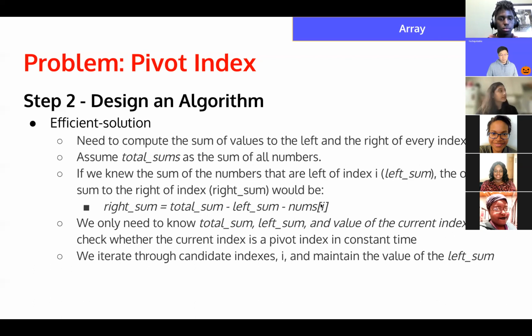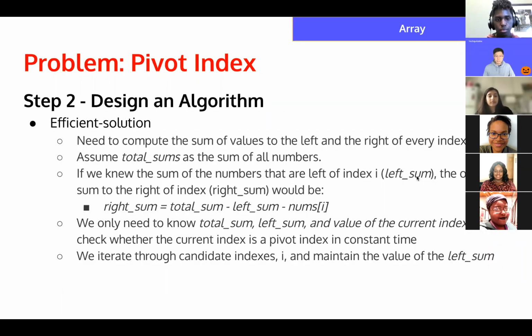This is an important fact to know, because what it's saying is that if you know the total sum and the sum of the numbers that are left of the index, or for simplicity, just call it left sums, then we can definitely know what the right sum would be.